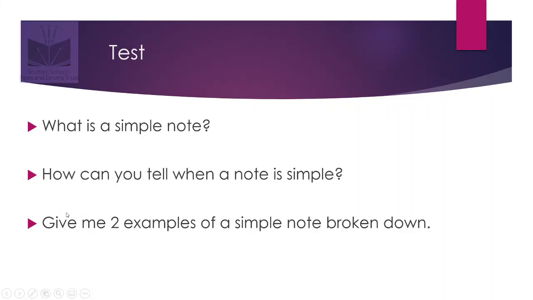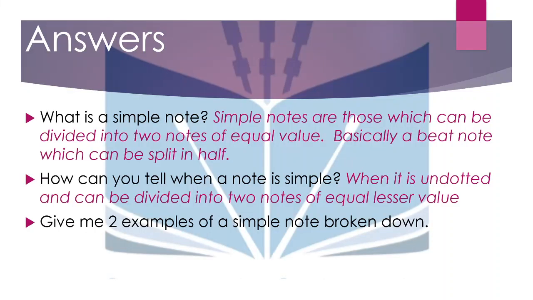And give me 2 examples of a simple note broken down. So you would draw a picture of a crotchet, and then beside it you could do equals and 2 quavers, showing the crotchet split in half. Or you could do any of the notes, a semiquaver, and then beside it equals 2 demisemiquavers.